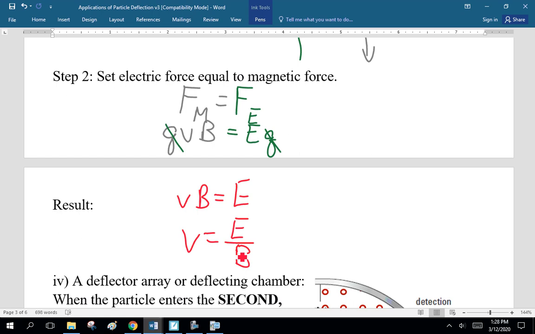Now, I did ask here, what is the velocity? What's the electric field? 500 newtons per coulomb. And the magnetic field is? 0.75 Tesla. So what's the velocity we got spitting out here?